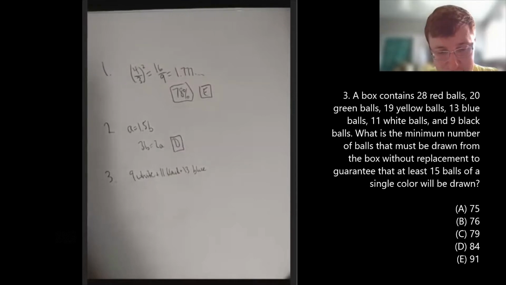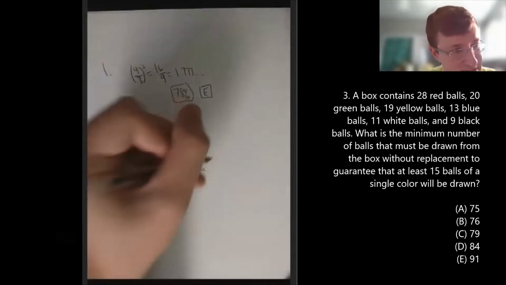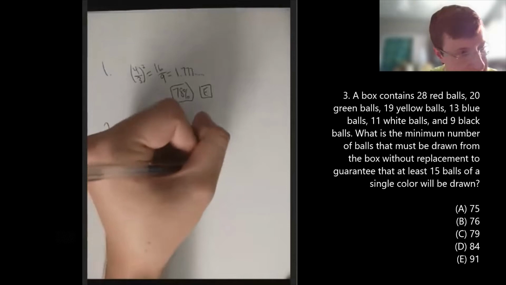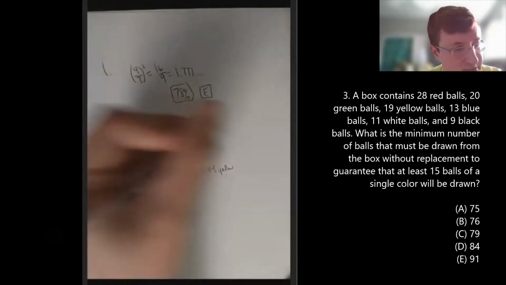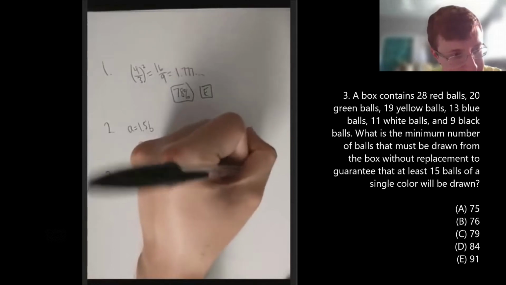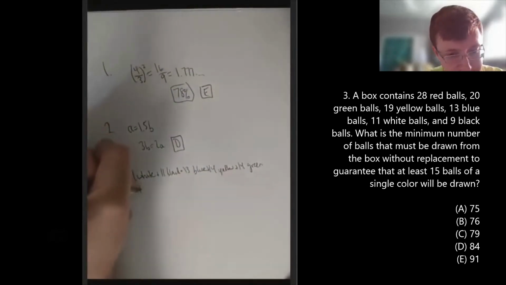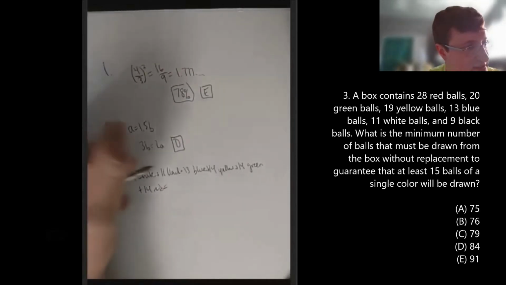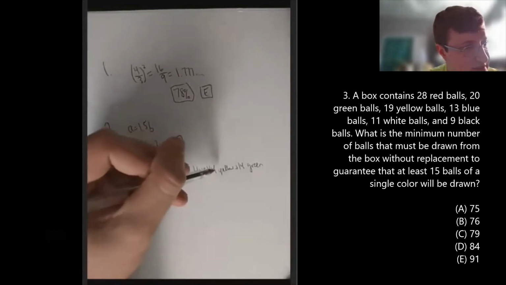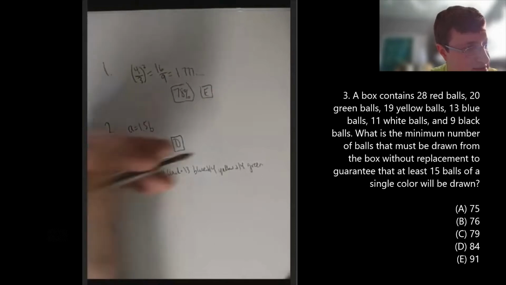And I can take 14 yellows, 14 greens, and 14 reds. 14 yellow plus 14 green plus 14 red. Okay, what is that? 20, 33, 47, 61, 75.